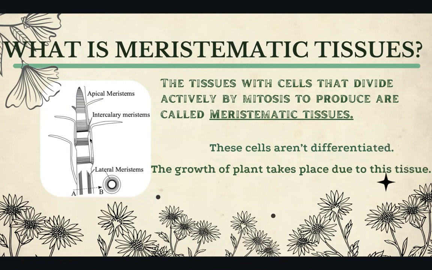So now, as I said, the growth of the plant happens due to this tissue. Now, this is the tip. These cells are differentiated. They don't have many types of cells, only similar cells, but as I said, the growth of the plant takes place due to this tissue.